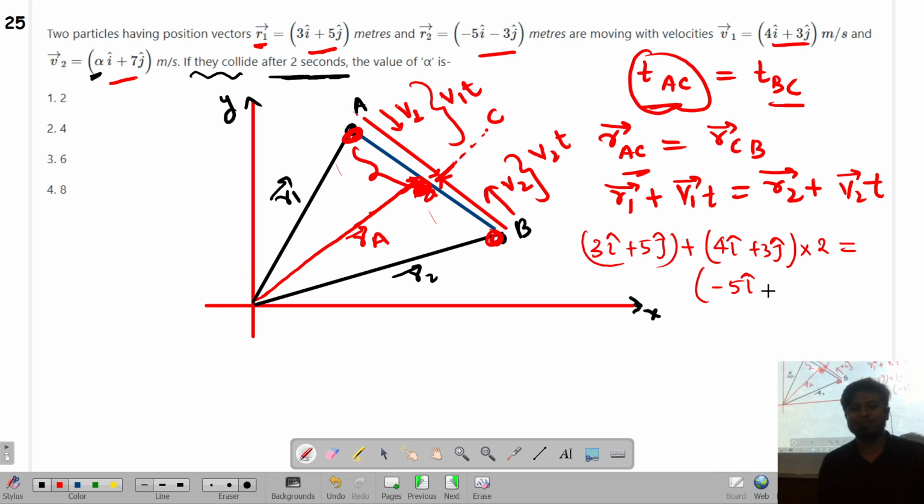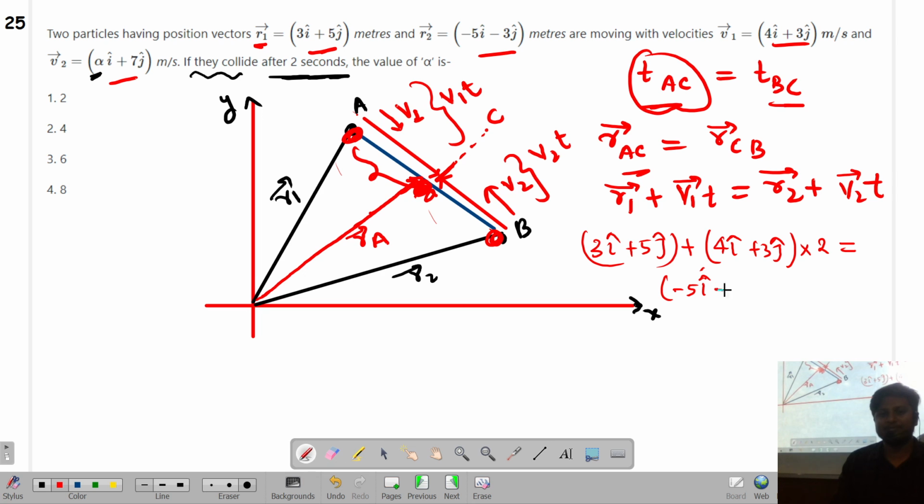Minus 5i cap minus 3j cap plus alpha i cap. Okay, so R2 vector is what?